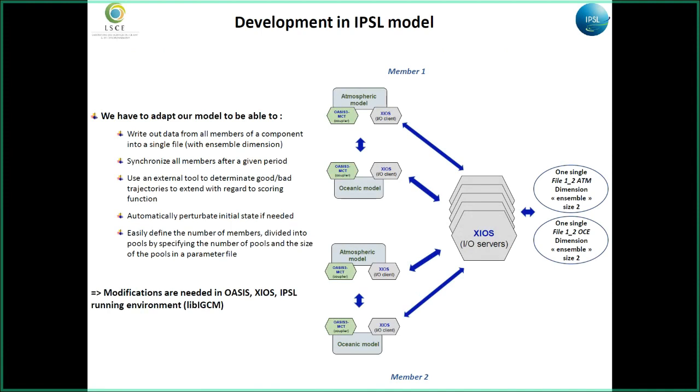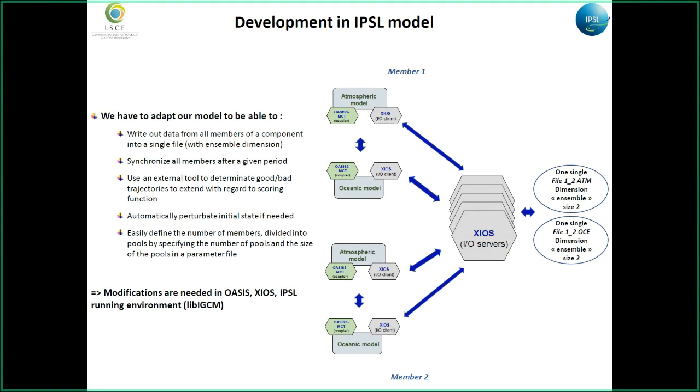So we have to adapt our model to be able to write out data from all members of a component into one single file. That means this file will have a new ensemble dimension. Also, we want our model to be able to synchronize all members after a given period, and use an external tool to determine good or bad trajectories to extend and to select with regard to the score function.